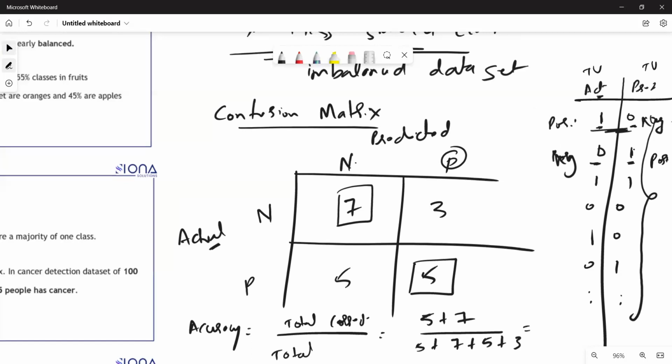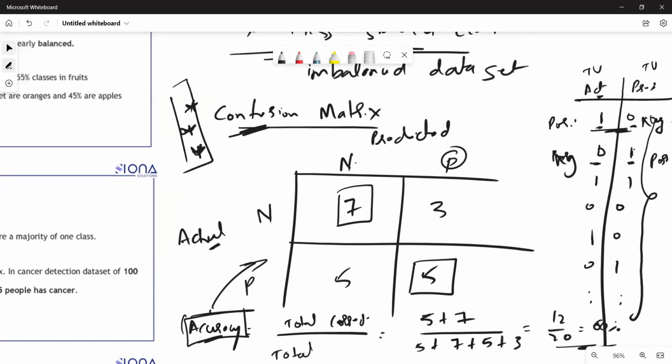That would be about 12 by 20, or 60%. So accuracy is also derived from the confusion matrix. This is very important for categorical data: plot a confusion matrix for every model.